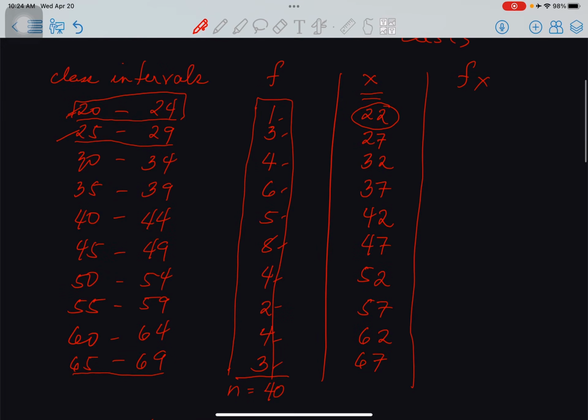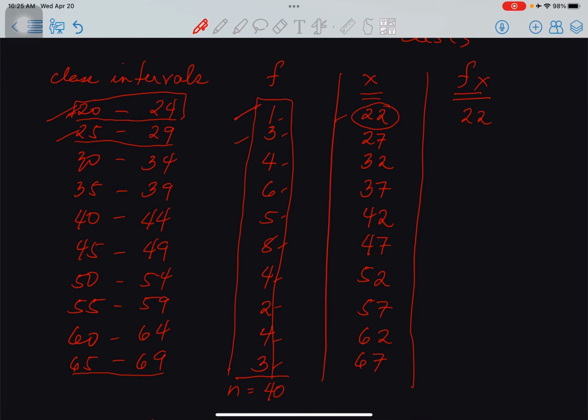Now, we are going to determine what is fx. Fx means getting the product of your frequency and its corresponding midpoint. So, we just need to multiply. In our class interval 20 to 24, we are going to multiply the frequency of that class interval and its midpoint. So 1 times 22, it's 22.